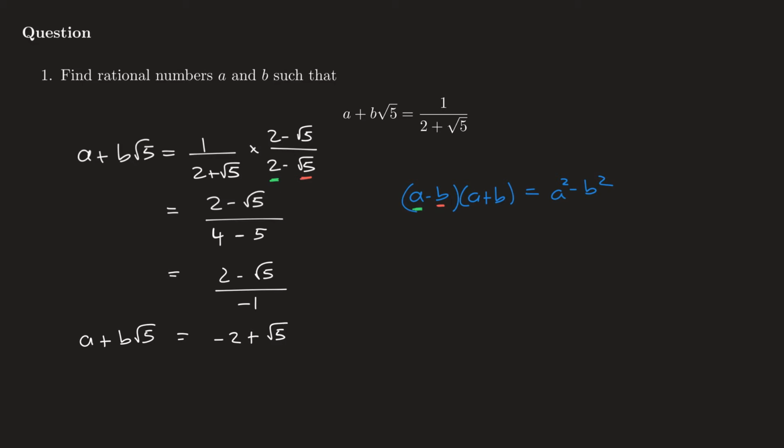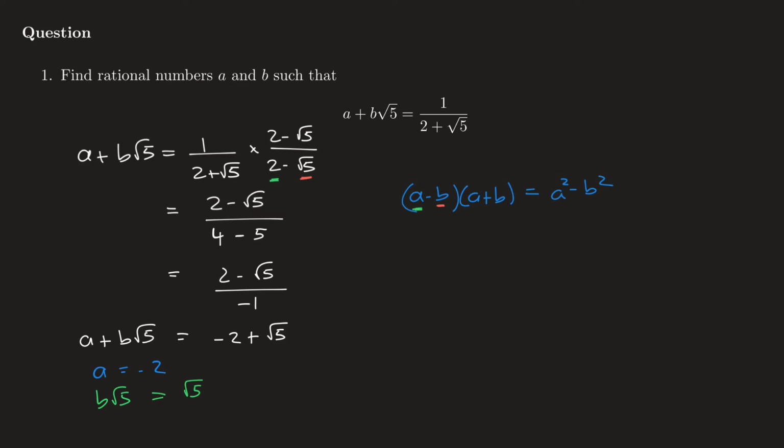So we're going to be comparing a with negative 2 and the b root 5 with root 5. So our a is equal to negative 2.